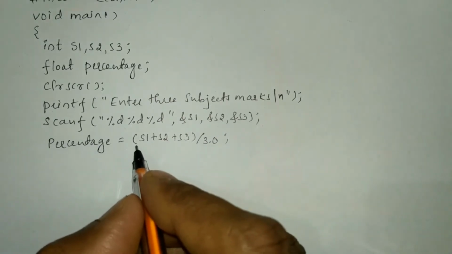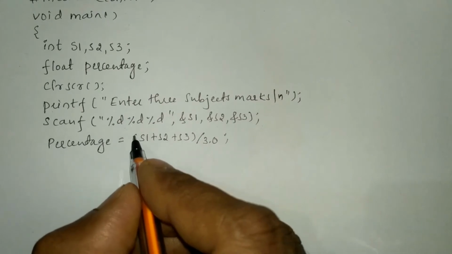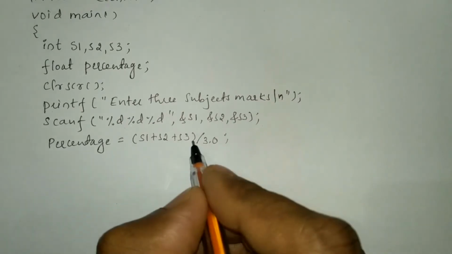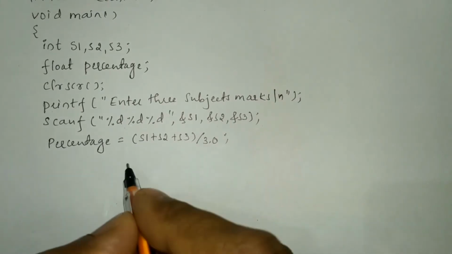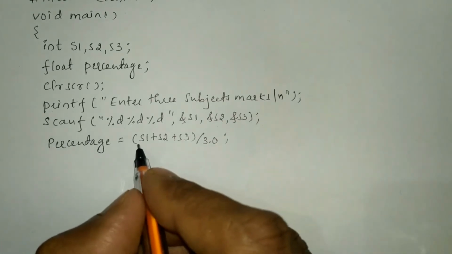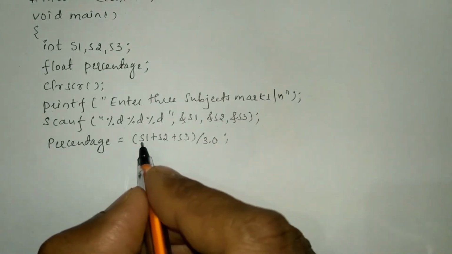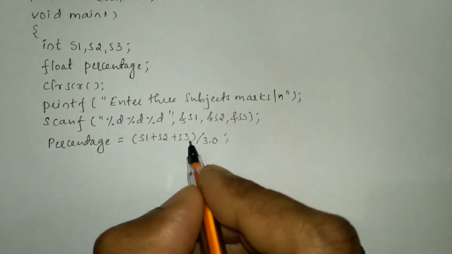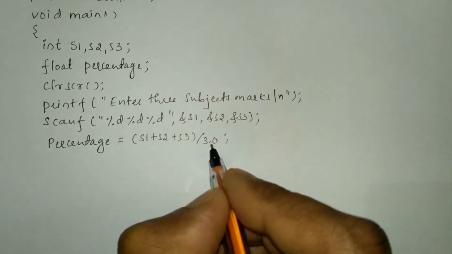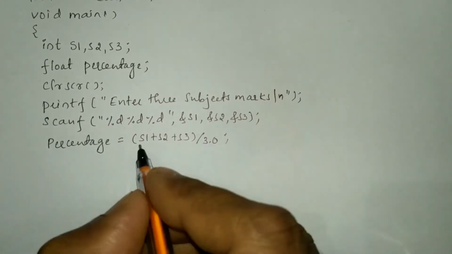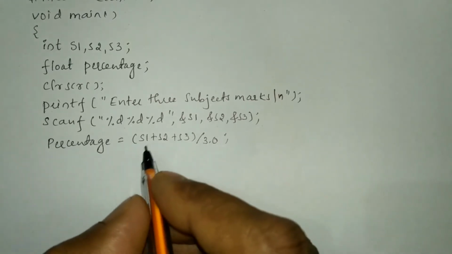An important point to note here is that we have to put the sum of all these 3 subjects in round brackets because we want to divide after adding all 3 subject marks by 3.0. That's the reason we have to write the brackets.